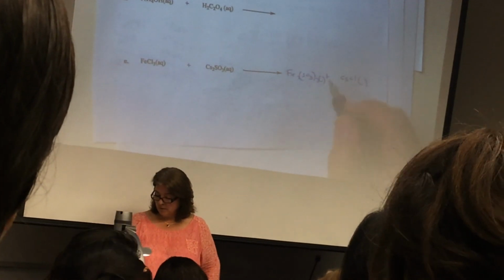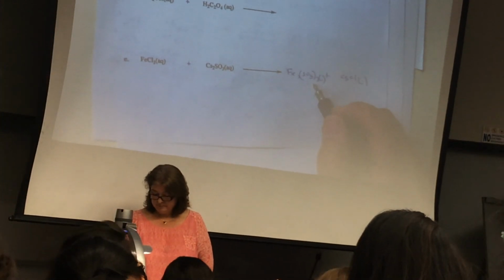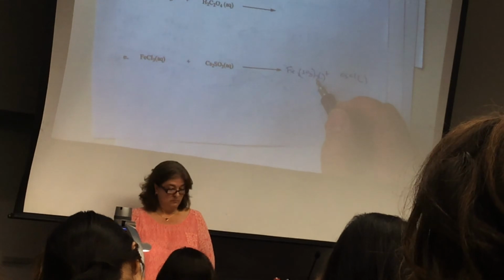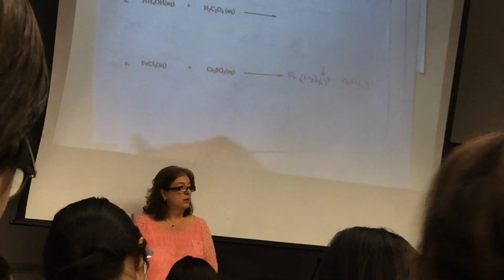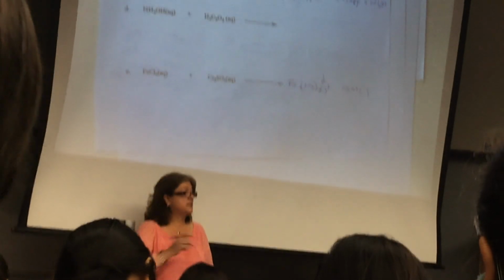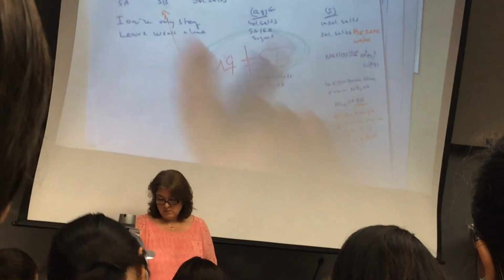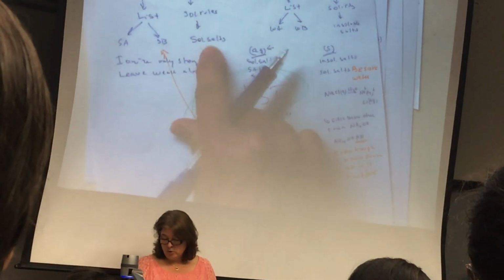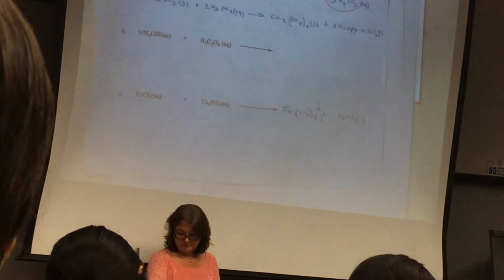All right, what are you going to do for the parentheses? Where are you looking to put the state here? What is that? Salt. Where do you look for salt? Solubility rules. You're looking for salts, whether something is soluble or insoluble.